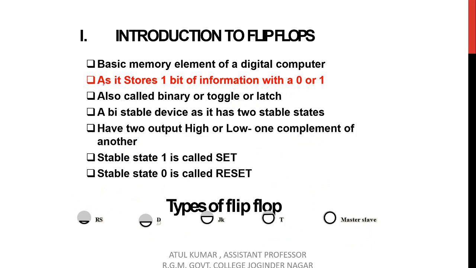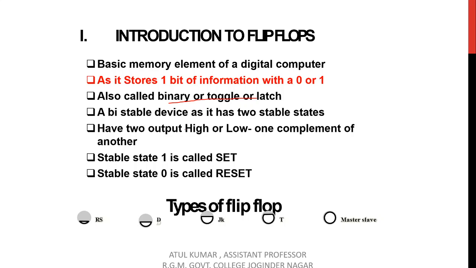Next we have a flip-flop. Flip-flops are basically the memory elements of a digital computer. They can store information, either 0 or 1. They can also be called binary, toggle or latch, and flip-flops are also called bistable devices because they have two stable states.